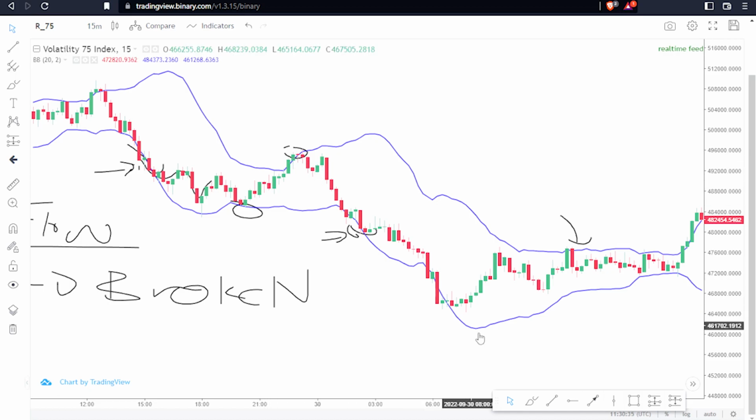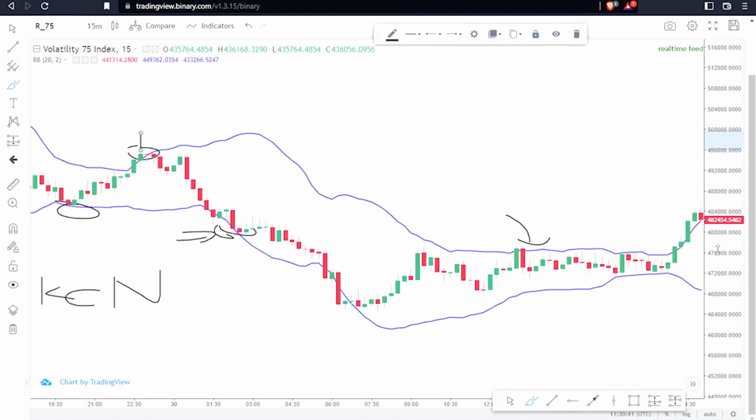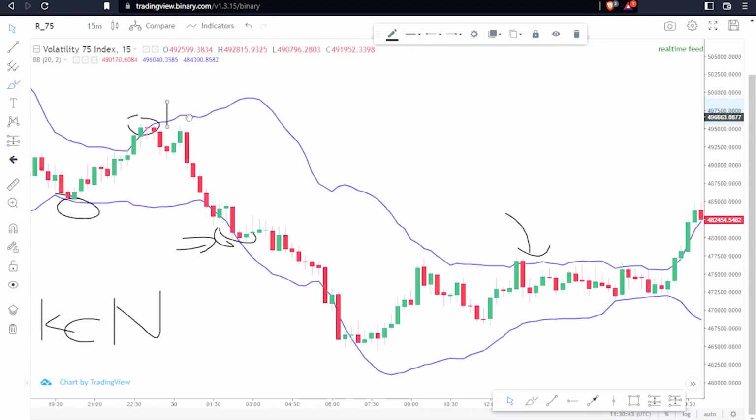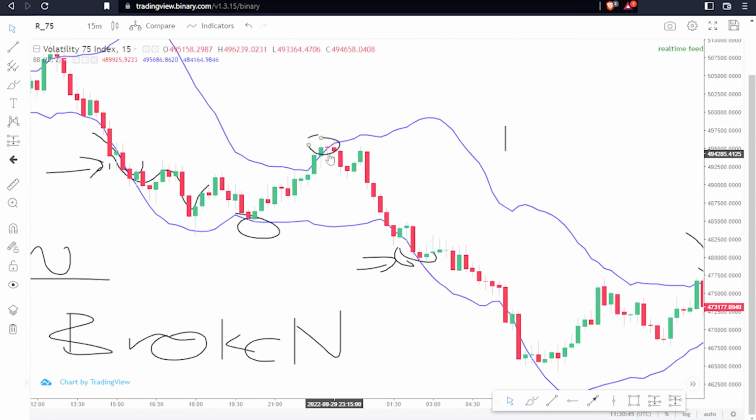Your role as a trader is not to actually sell when it touches the band, but to wait for the flow to be broken and analyze the momentum, how the strength changes as the price reacts from the Bollinger Band. Here we can see something interesting: the high that touched the Bollinger Band, and then the next high, which is almost at the same level, or almost lower than the previous one.